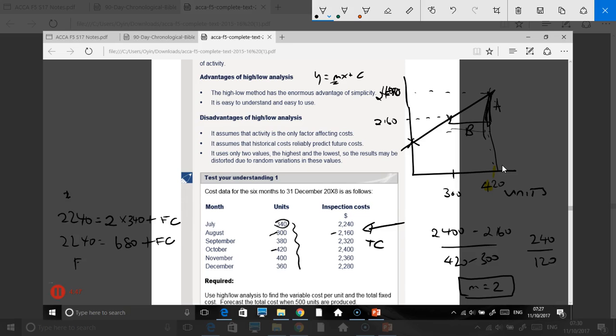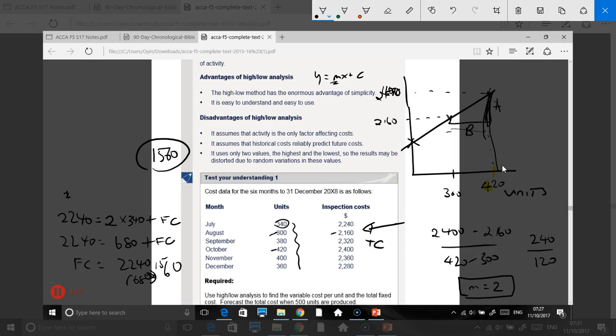That means FC is equal to 2240 minus 680. 14 minus 8 is 6, 21 minus 6 is 15. So that means my fixed costs are 1560.